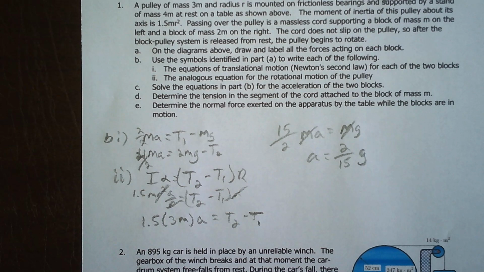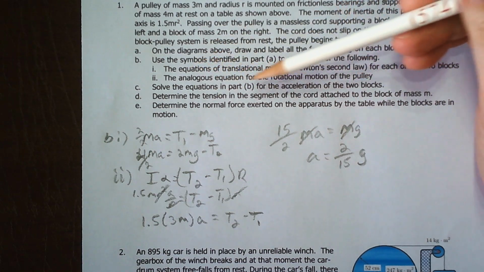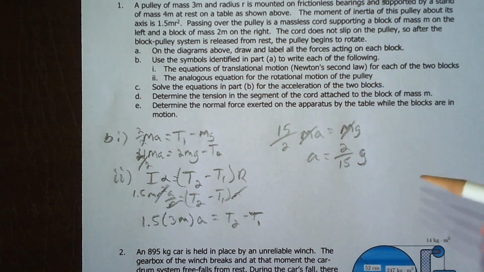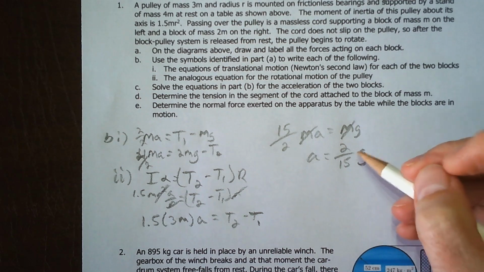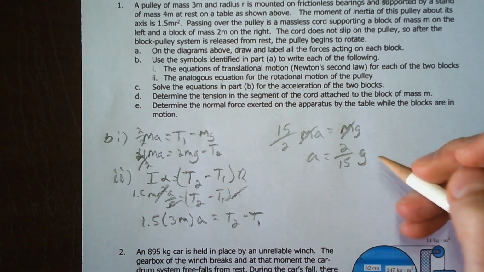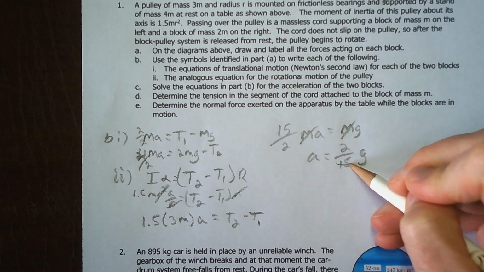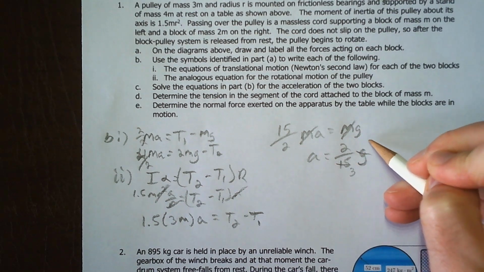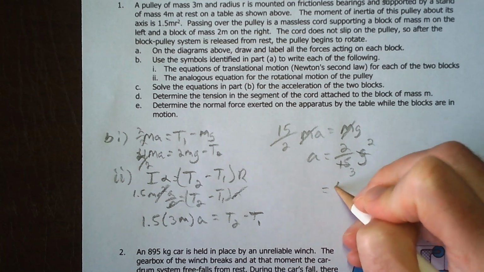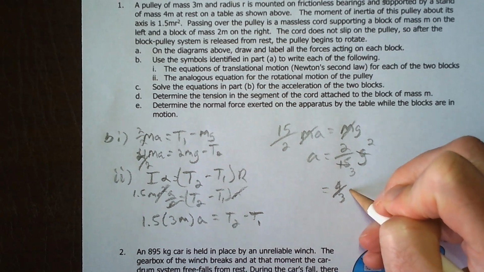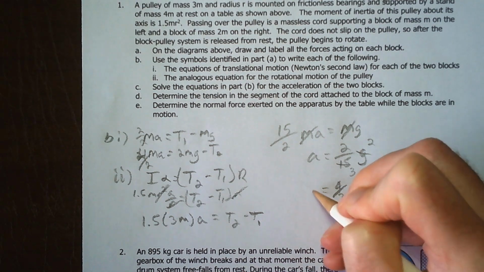I'm not sure if we should use 10 or not. We could probably go ahead and put 10 in here. So this would be 2, so it's going to be 4/3 meters per second squared.